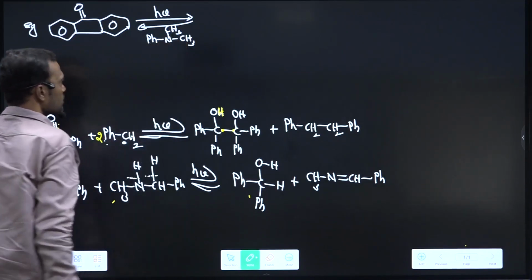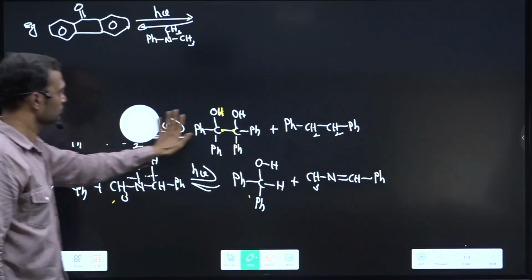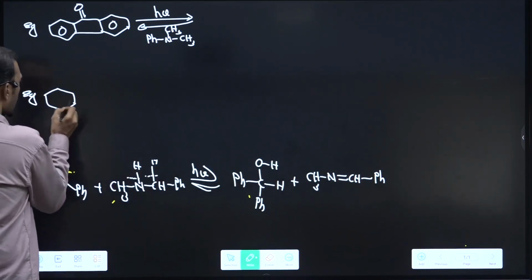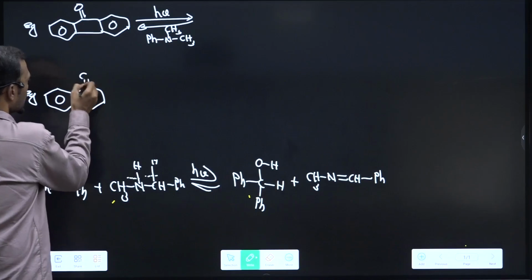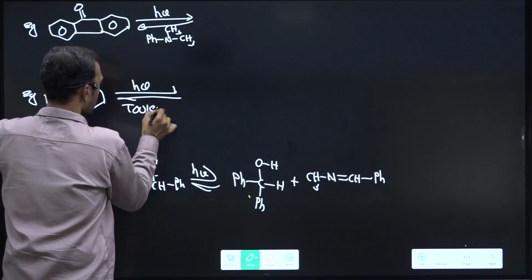This is a hydrogen donor. What is the answer? Toluene.